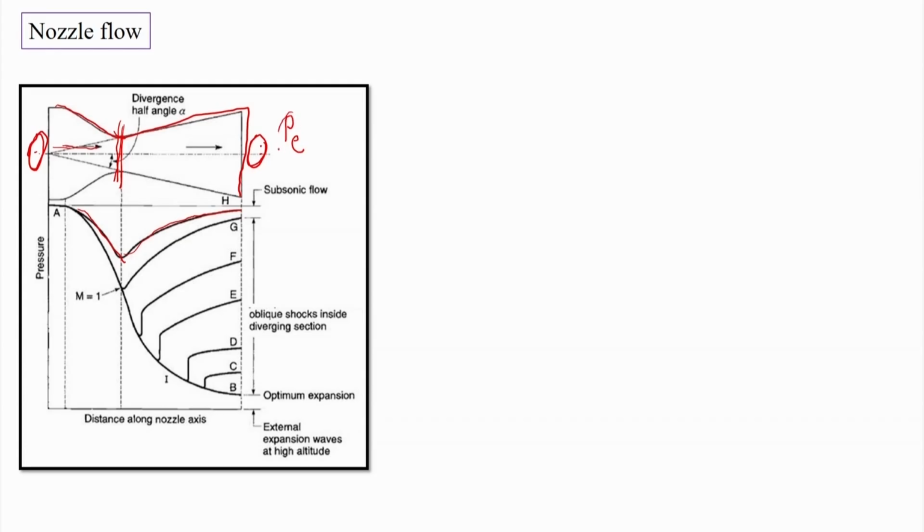Further, in the next experiment, if we decrease this PE to some value corresponding to G, then we will have further deceleration of the flow and we will still follow the subsonic curve path in both sections. This continues till we have a critical pressure at the exit, where the convergent portion acts as a nozzle such that the Mach number at the minimum cross section becomes 1.